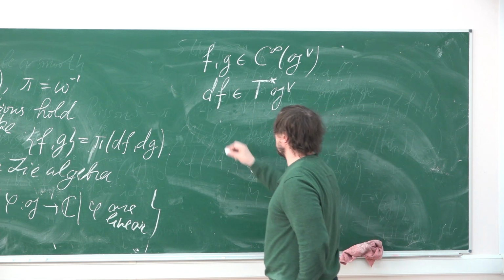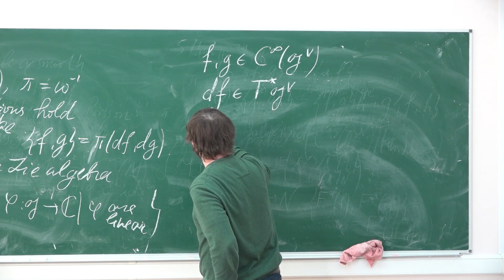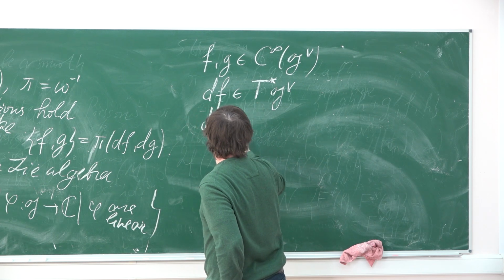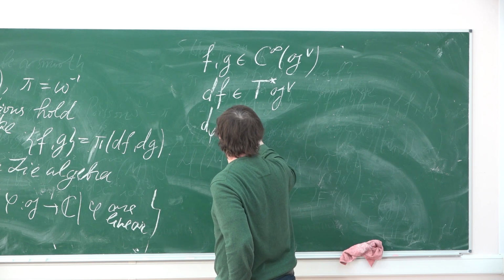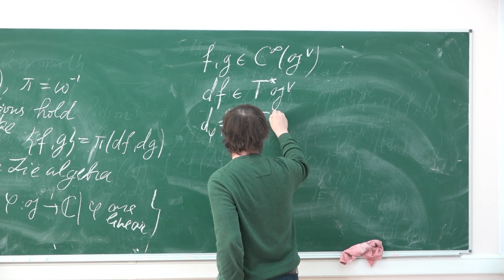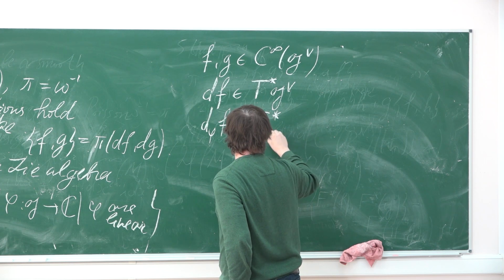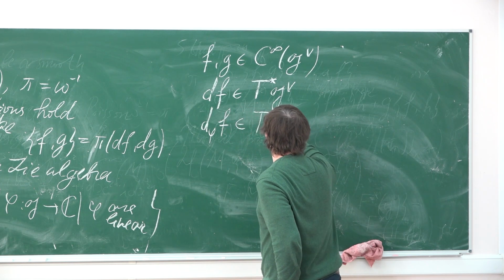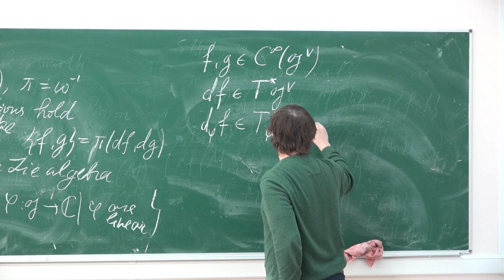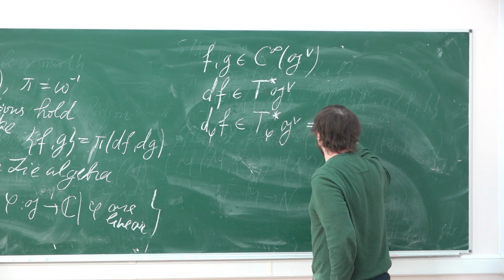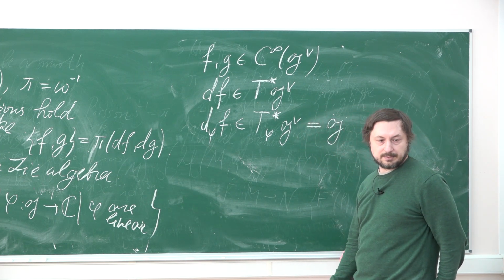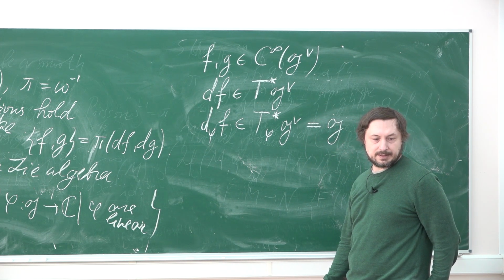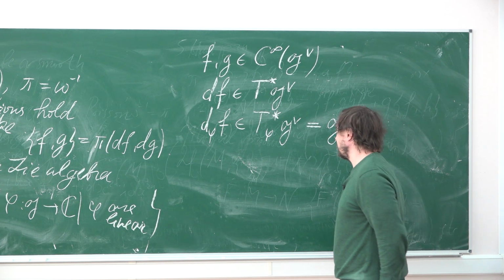So for every phi in g check, the value belongs to the dual space at phi of g check, which you naturally identify with g, because the double dual space is equal to the original space in the finite dimensional case, naturally, right?